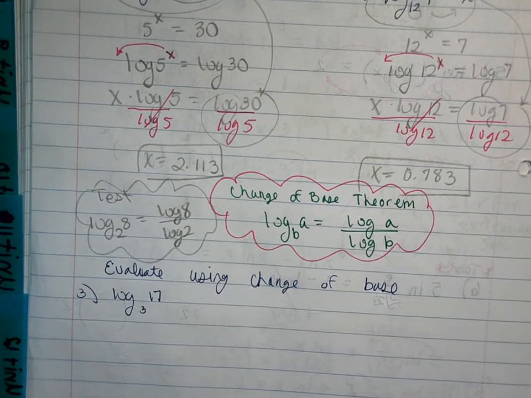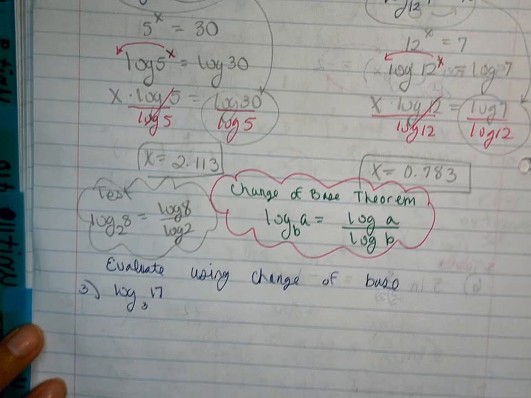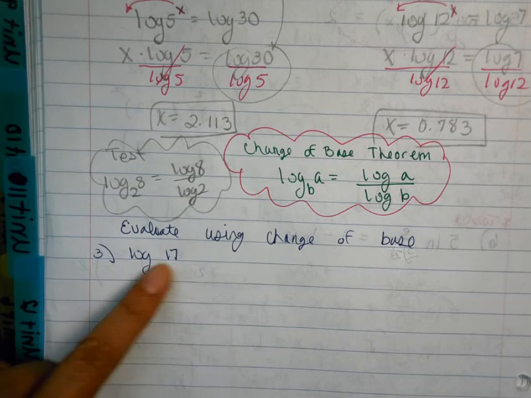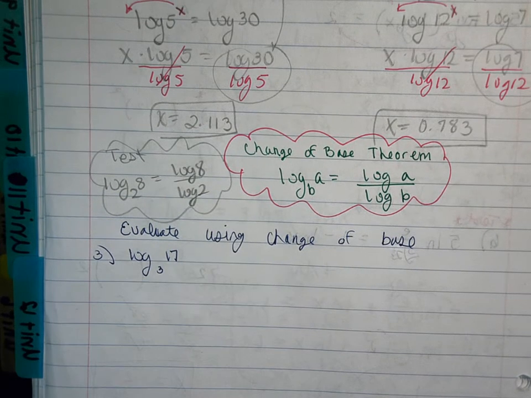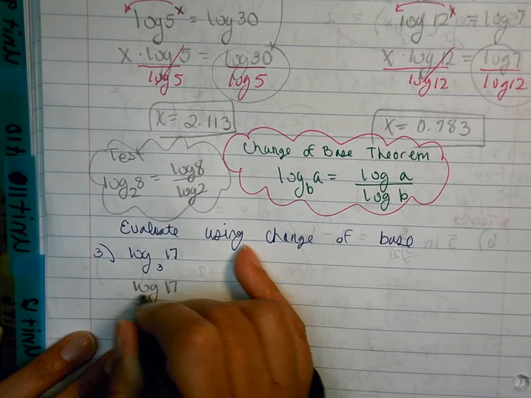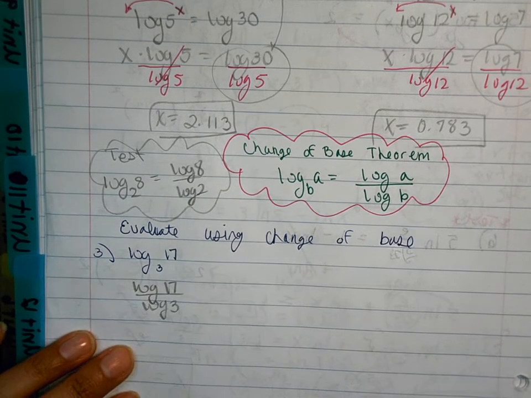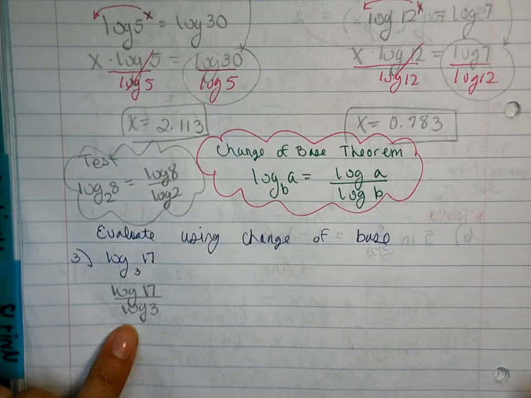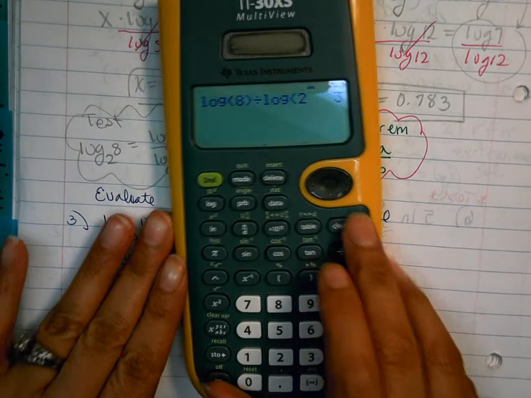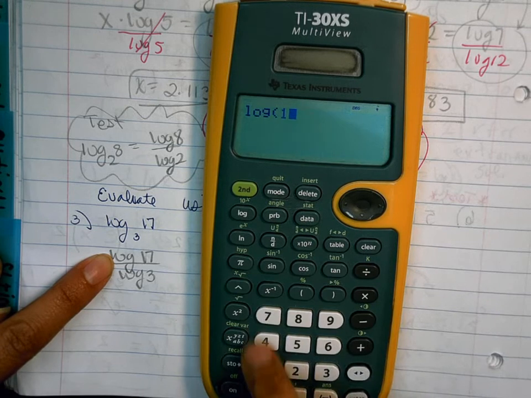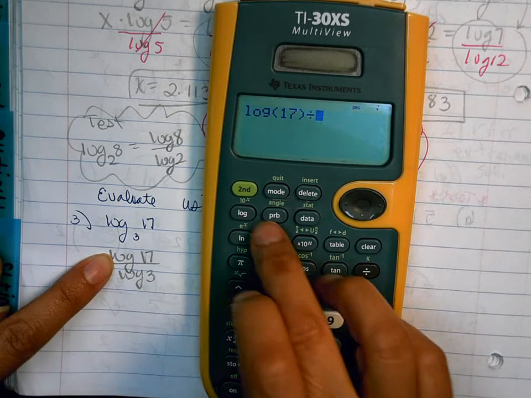Rather than setting it equal to x and wrapping it around, what we're going to do is log of a divided by log of b. So this is going to become log of 17 divided by log of 3. Again, that's instead of setting it equal to x like I did up here and doing all this work. Change of base theorem allows me to change it to the base of 10. Then I can plug it in my calculator: log of 17, close parentheses, divide by log of 3.